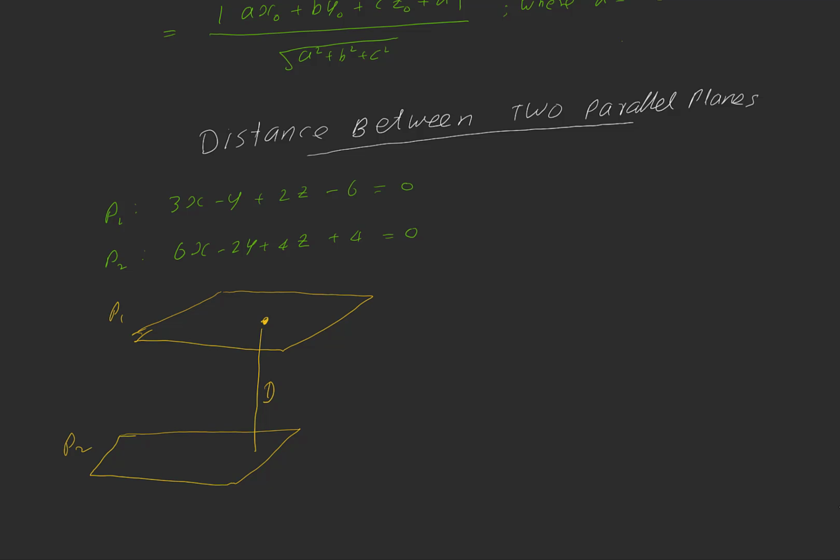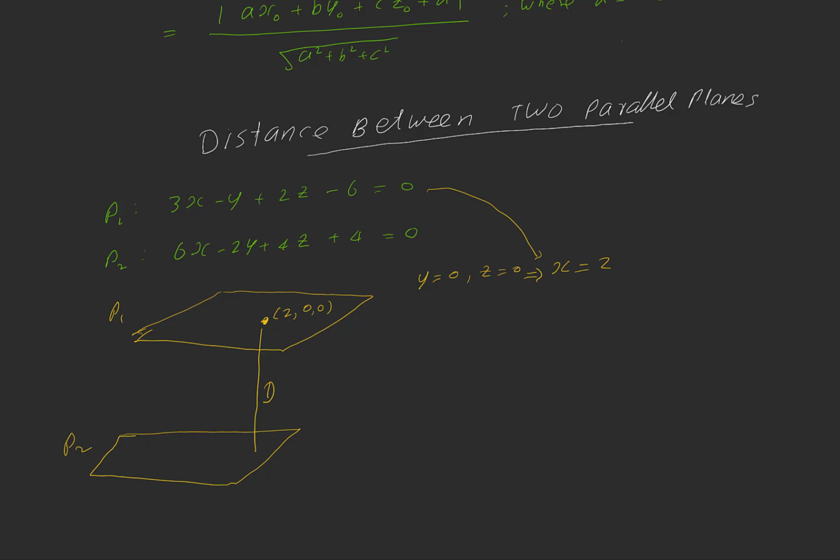So how do we find this point? I use y equals 0 and z equals 0. Then I plug these values into this equation, and you will have x equals 2. Therefore, we can say this point is (2, 0, 0).